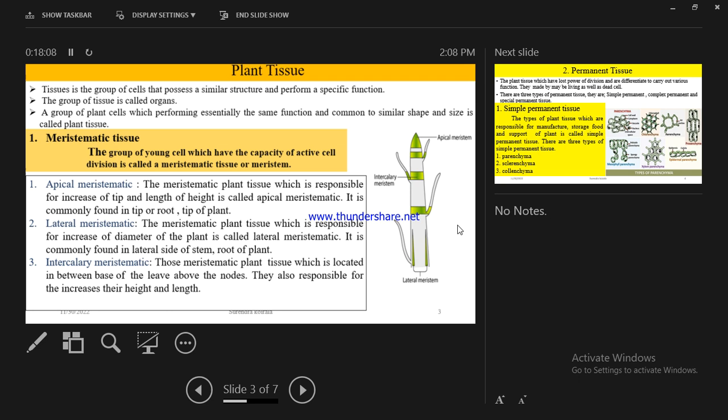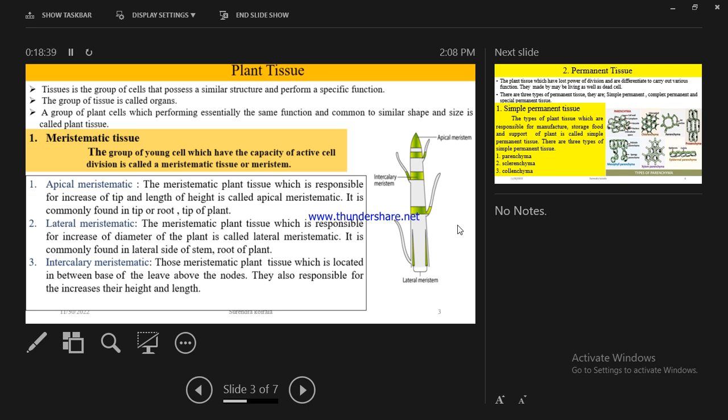It is commonly found at the tip, that means the top of the plants, and the tip, that means the end, of the roots. They have a high capacity for cell division. The capacity for cell division is at its maximum. Similarly, at the tip of the plant, like you can see there, this tip has the apical meristematic tissues.